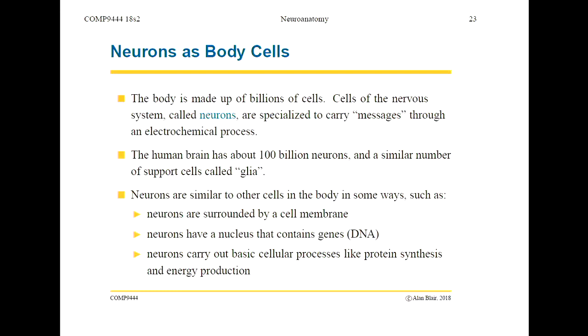The human body is made up of cells, billions of cells, and there's of course different kinds of cells, but the cells in the nervous system are called neurons, and they are specialized to carry messages around through electrical signals.